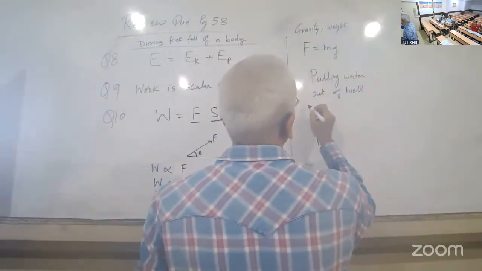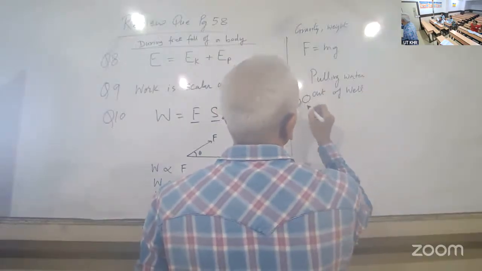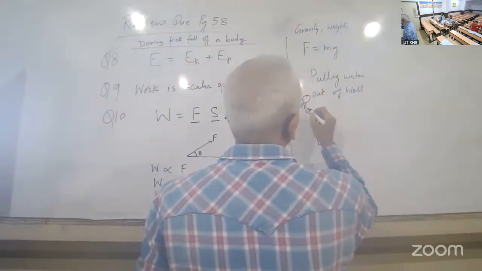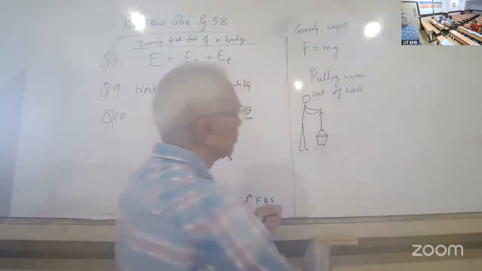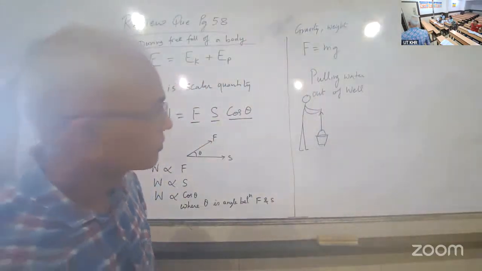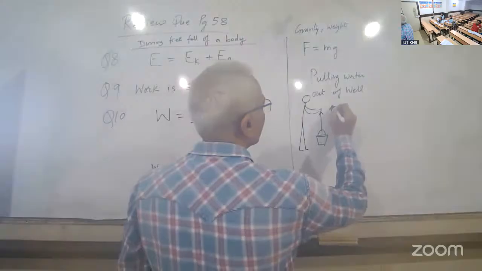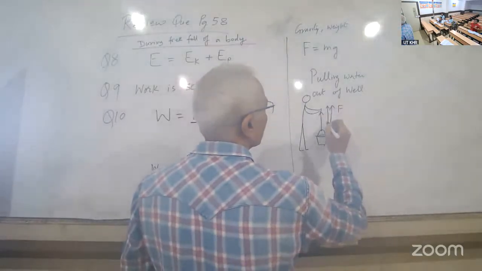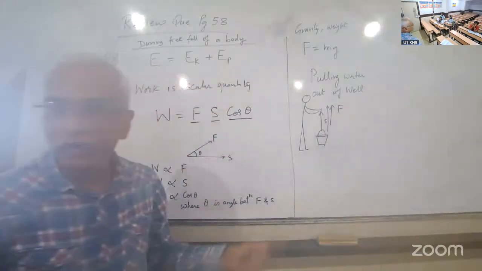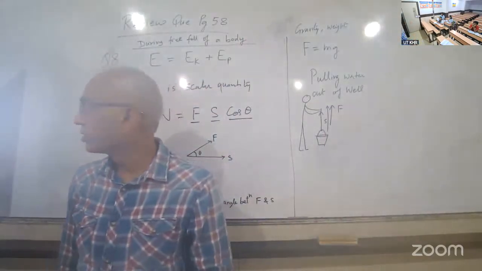Anand is pulling water out of the well. When you are pulling it up, Anand is applying force in this direction, and the displacement is also in this direction. So is Anand doing positive work or negative work?